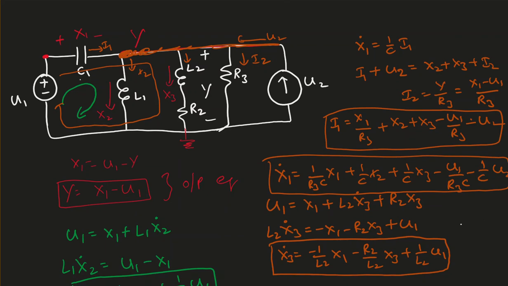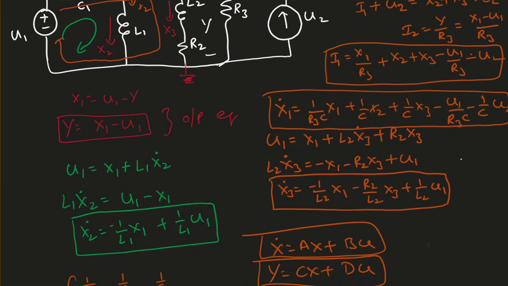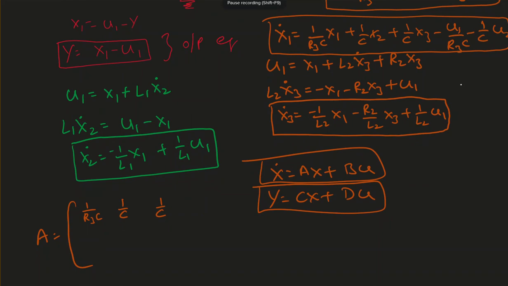Yes, I labeled this as C1, but I used C, so do not get confused. There is only one capacitor, so we can take that as C for the time being instead of C1. So that's my A matrix. X2 dot equals minus 1 over L1, 0, 0, and X3 dot equals minus 1 over L2, 0, minus R2 over L2. That's my A matrix.